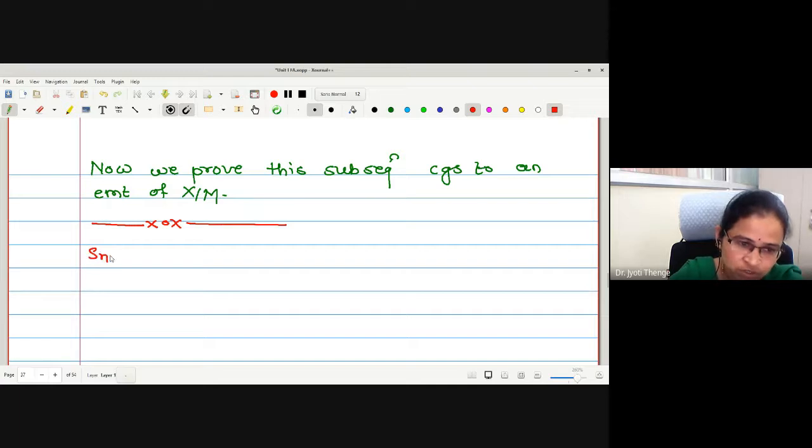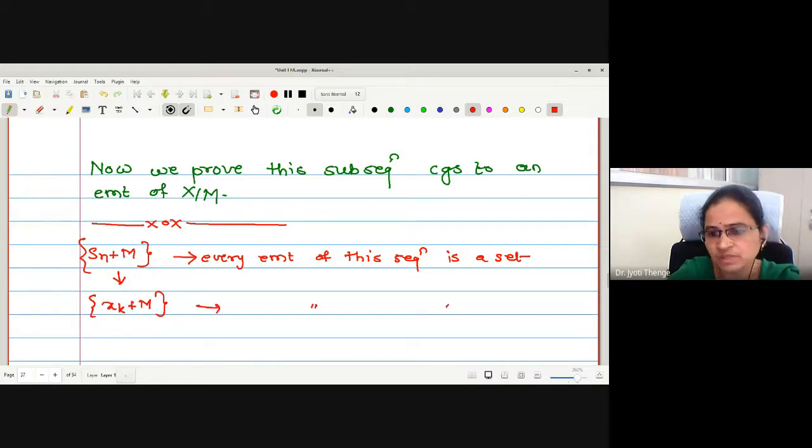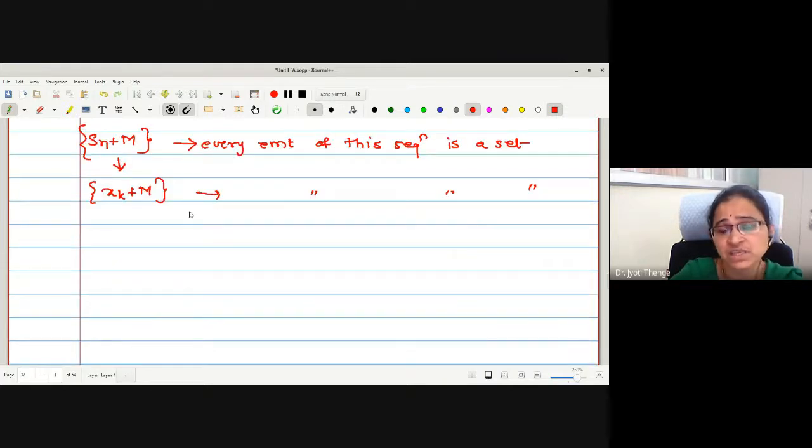Initially, we have a sequence of this type, Sn plus m, where every element is a set. Then later we extracted a subsequence xk plus m, but again every element of this sequence is a set. Therefore, proving convergence will be difficult if the sequence has elements that are sets, right?